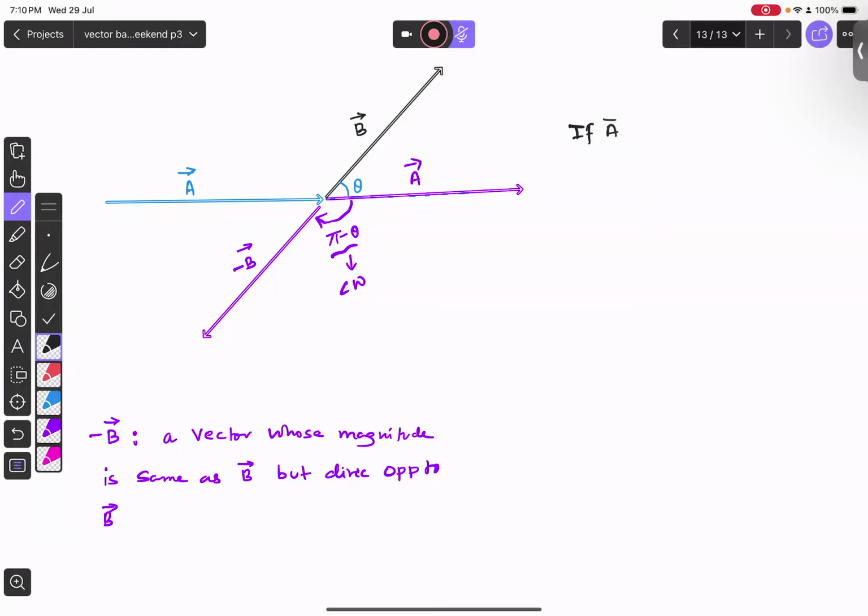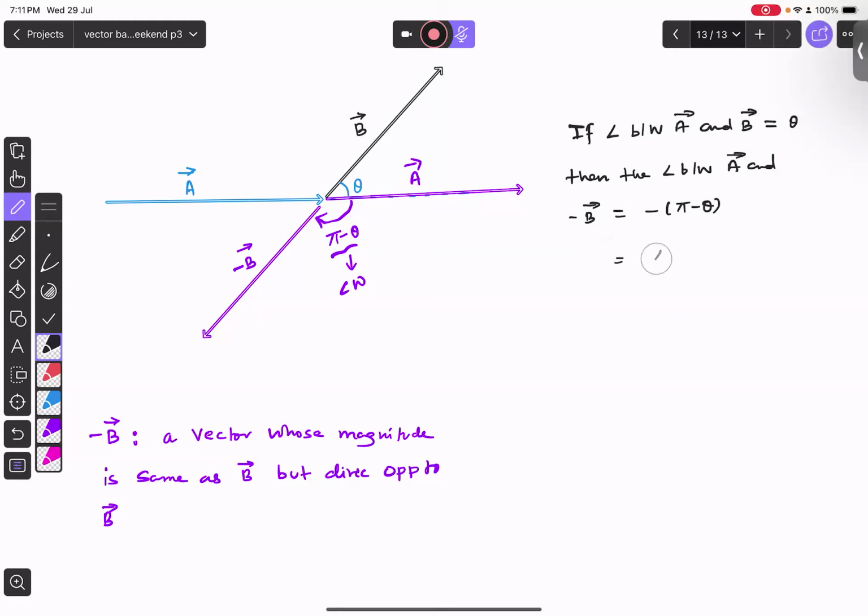So if the angle between vector A and B is equal to theta, then what we find is the angle between A and minus B is equal to minus of pi minus theta.